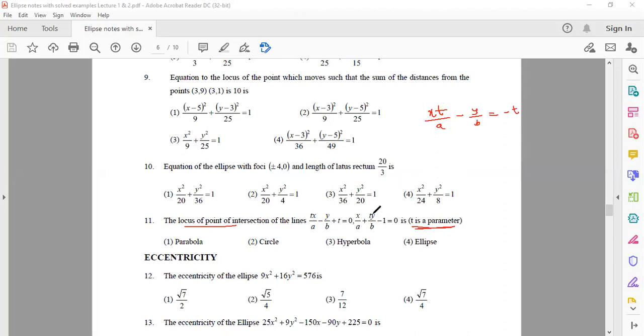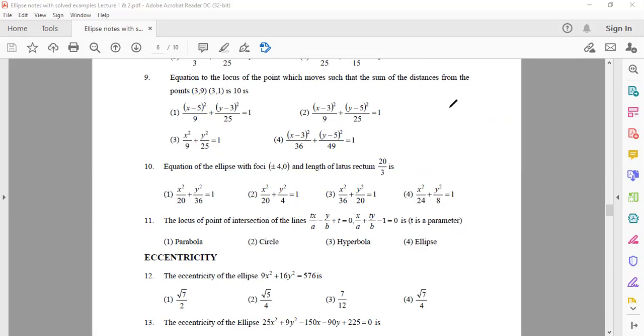In place of this t, if you substitute this, you don't have t in this. So make t the subject and substitute in it. Eliminate t. So how to eliminate t in this? Tell me how to eliminate t.